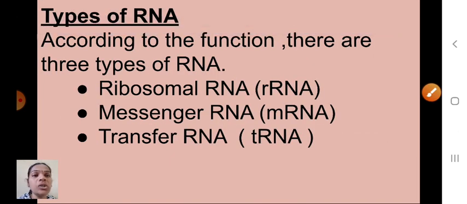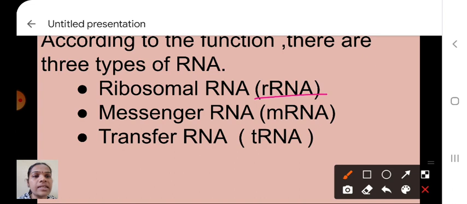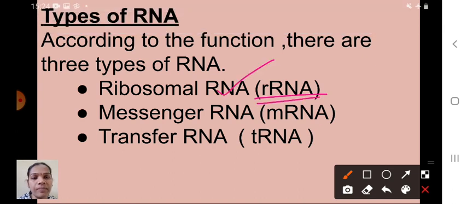Now we will discuss types of RNA. According to the function, there are 3 types of RNA. First one is rRNA, that means ribosomal RNA. Second one is mRNA, that is messenger RNA. Third one is tRNA, that is transfer RNA.